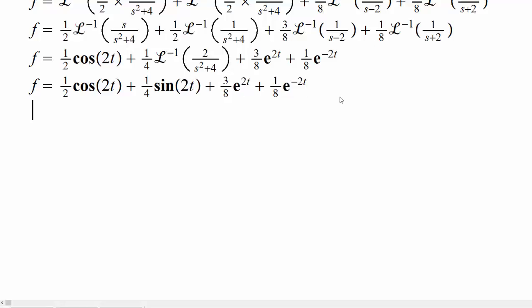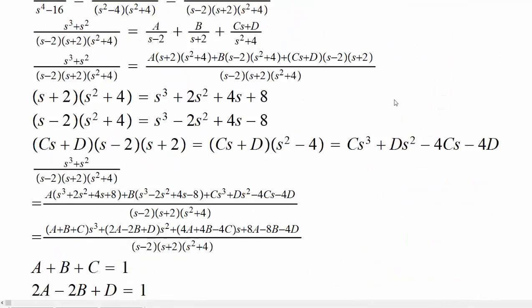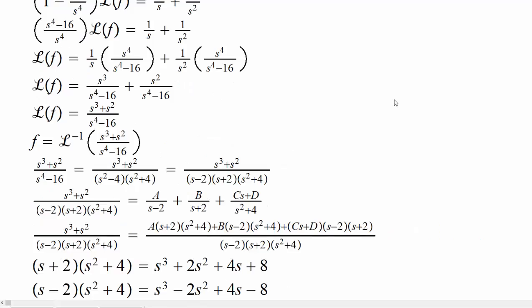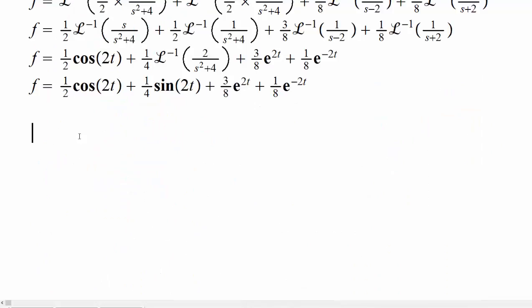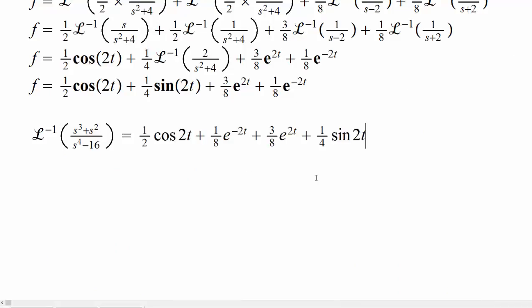Okay, so let's see if we have the right answer, otherwise we will check for our mistake. So 1 over 4 sine 2t matches, this matches. Okay, all right, thank God. So we have the right answer here.